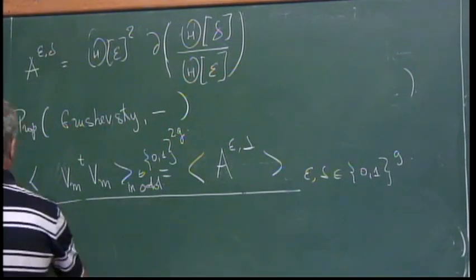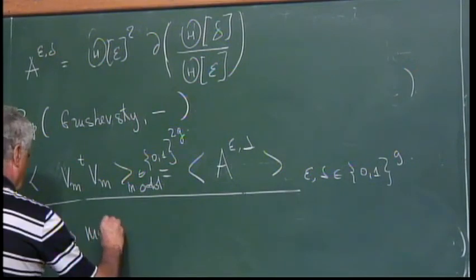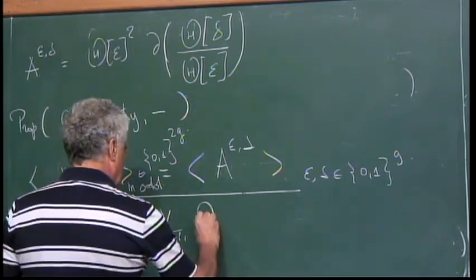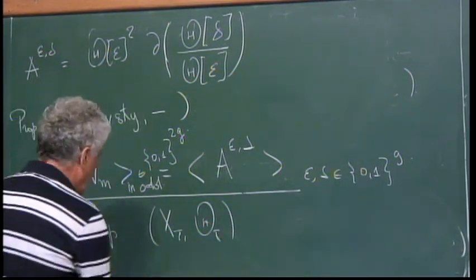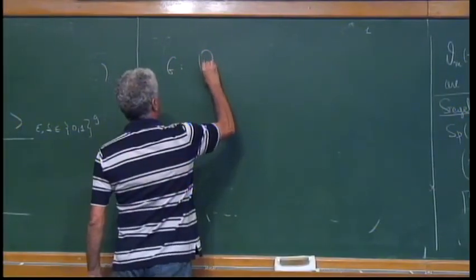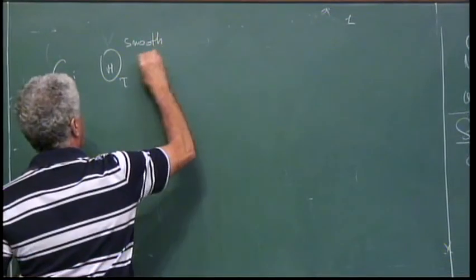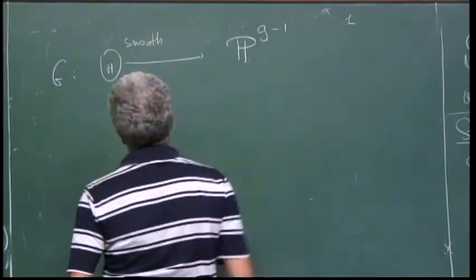Sorry, one thing about the Gauss map. So we have an Abelian variety (X_tau, theta_tau). Theta is the divisor, and we have a map G going from the smooth part of theta to P^(g-1).